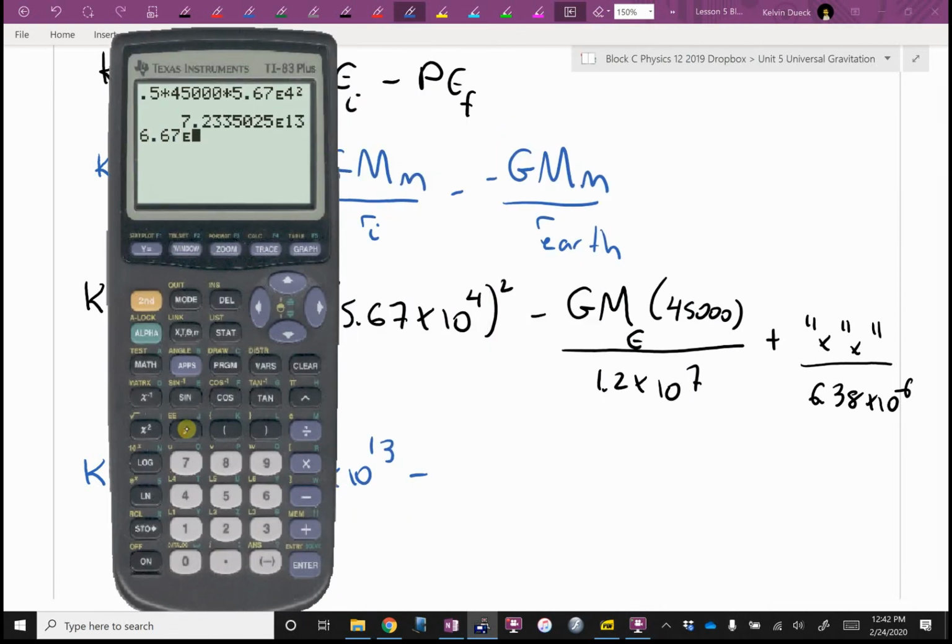6.67 scientific notation negative 11 times 5.98 scientific notation 24 times 45,000 divided by 1.2 scientific notation 7. No squared here.